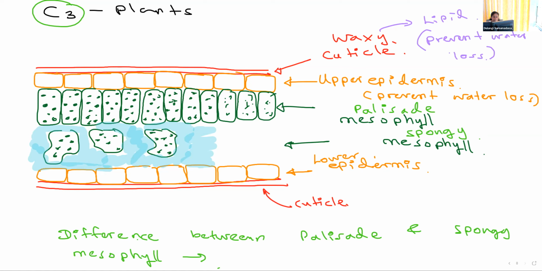It is intercellular space. In between the cells, always inter, right? Not intra. So the spongy mesophyll is different to the palisade because there are lots and lots of intercellular spaces.